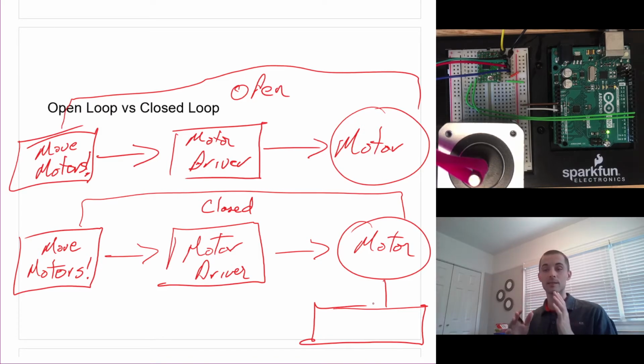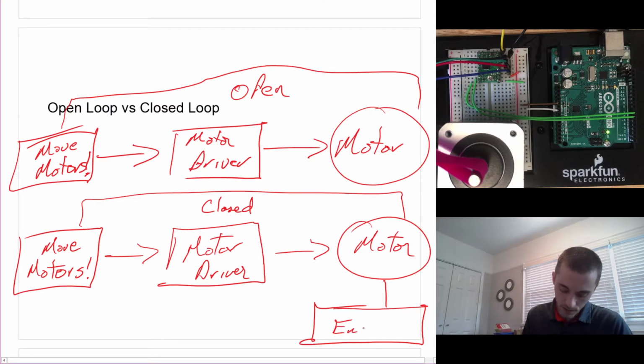And so we can see exactly when it is or is not taking steps. There's also linear encoders, which if you put on a CNC machine will tell you how far along that axis you've moved. There's optical ones, there's magnetic ones, there's electrical ones, there's all different types of ways to tell if you're actually moving or not, right?